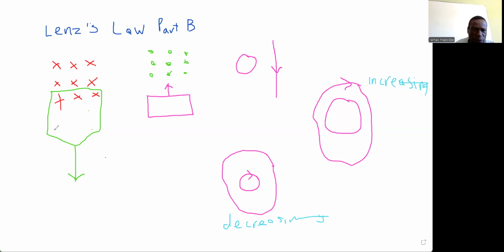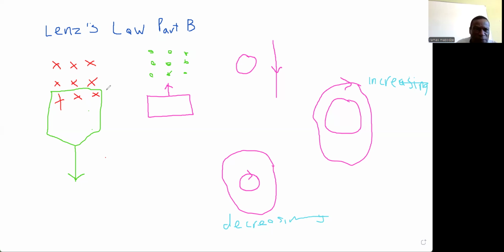If this coil is moving downwards, it's moving away from the magnetic field here, which is into the page. We are now going to say the field inside the coil, because there's a change in magnetic flux.